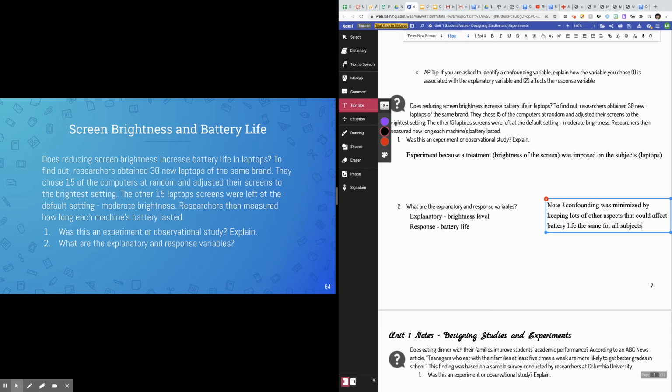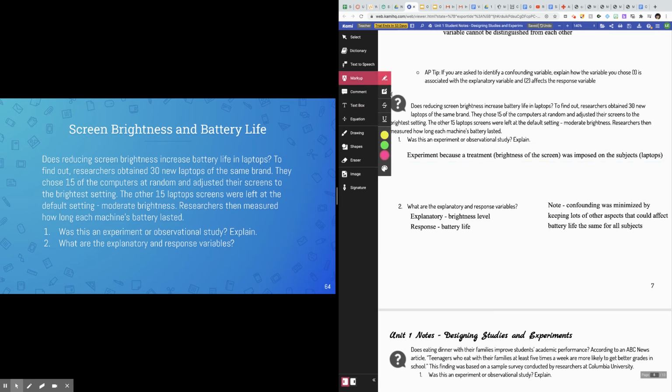Meaning, and I'm going to highlight it up here in the actual question, you have new laptops, right? So all of them were new, so it's not that the age of the laptop is affecting battery life. I've eliminated that as a confounding variable. They have the same brand, so it's not that the brand of computer is affecting the battery life. We eliminated that confounding variable.